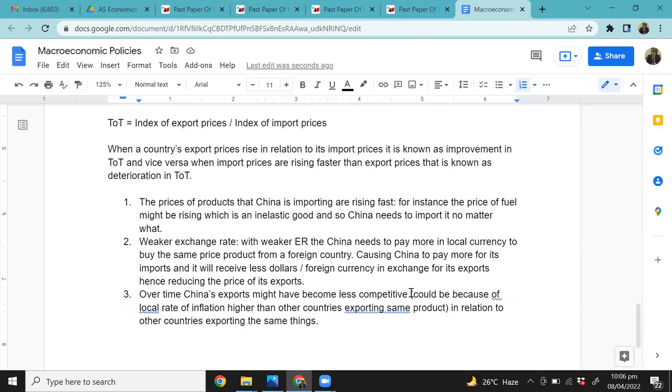Then the next thing that you have said here, let me read your comment. Can we use the concept of trade protection in the answer, like China joining a trade bloc which will remove the tariff with member countries, which will cause the export prices to fall due to no tariff, leading the terms of trade to fall, and vice versa for a non-trade bloc.